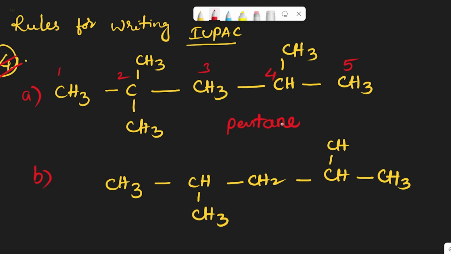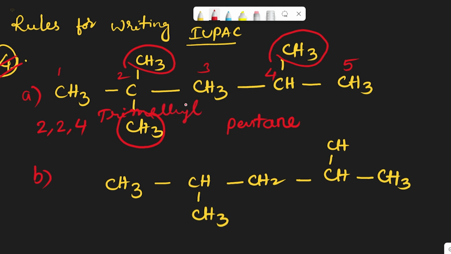And it contains some substituents, which appear as prefixes. At the 2nd position it contains 2 methyl groups, and at the 4th position it contains 1 methyl group. So how do we write the name of this prefix? Obviously we write 2, 2, 4-trimethylpentane. See here, 2, 2, 4-trimethyl.